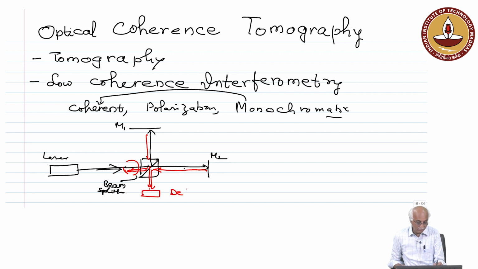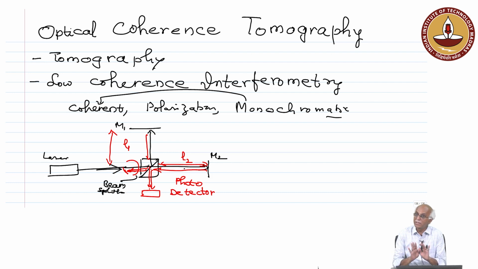With the detector placed over here, let us say a photodetector, what will we see? If the path length L1 and the path length L2 are equal, then we will see constructive interference here, because both light beams travel equal lengths.